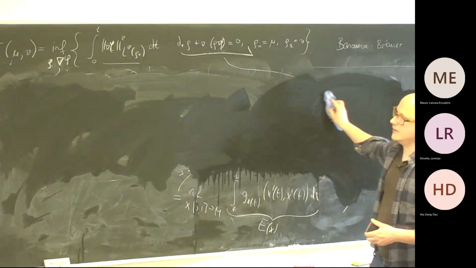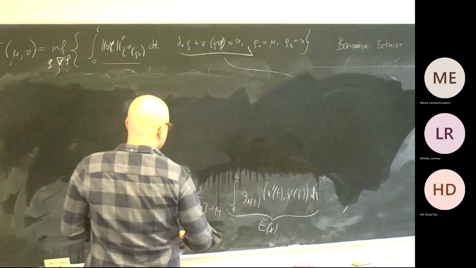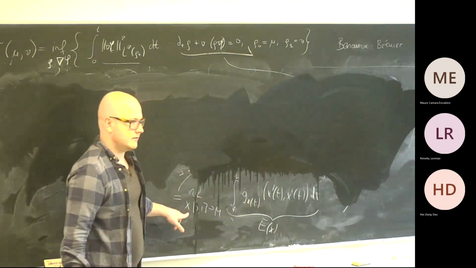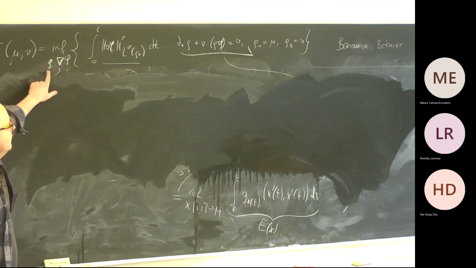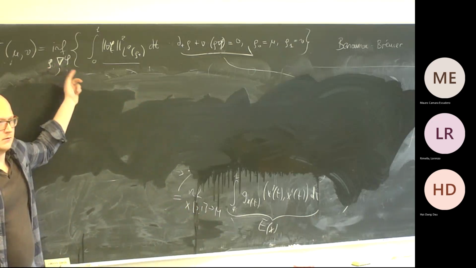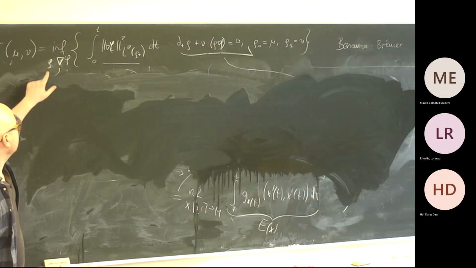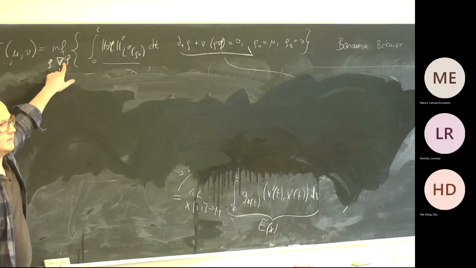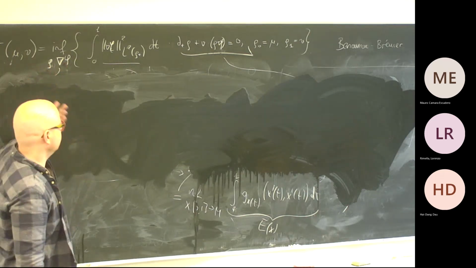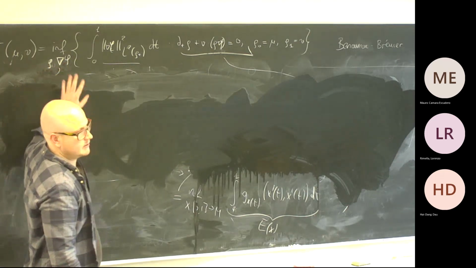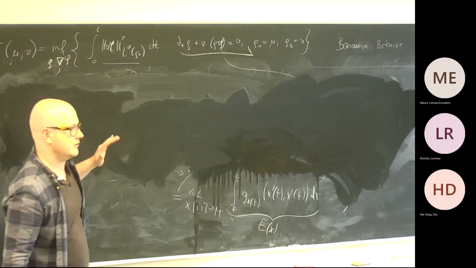Okay, so now the issue is that here we are minimizing only over this curve. And here it looks like we are minimizing over two things. But given rho t, also this nabla phi is determined uniquely, right? So it's basically the same thing if we just suppress one of these in the notation, let's say.